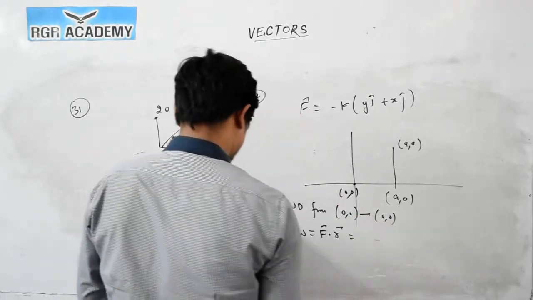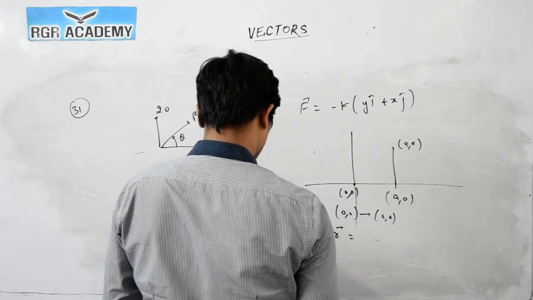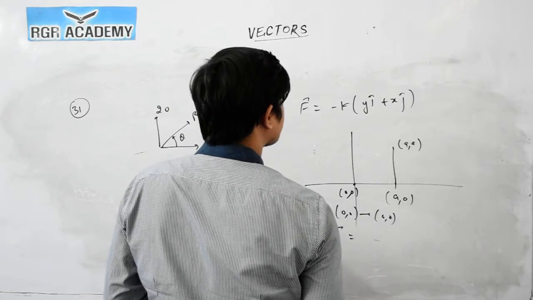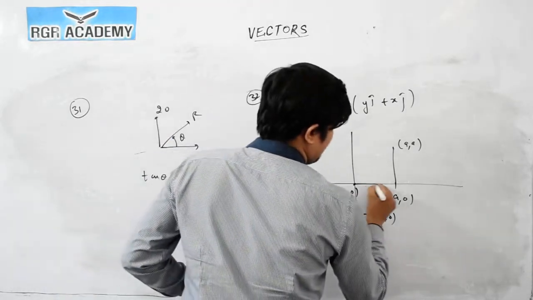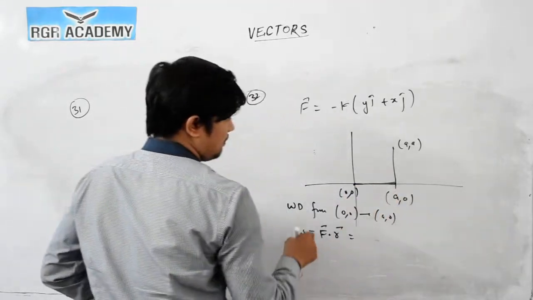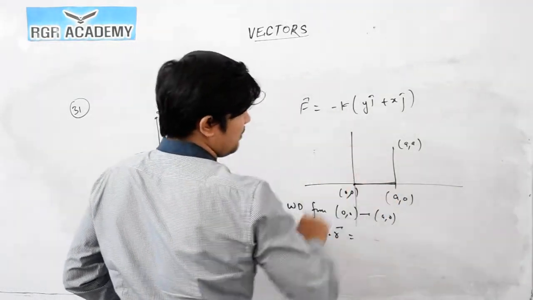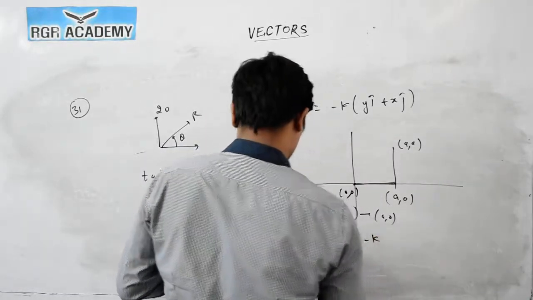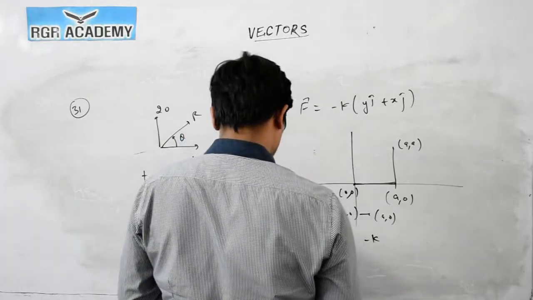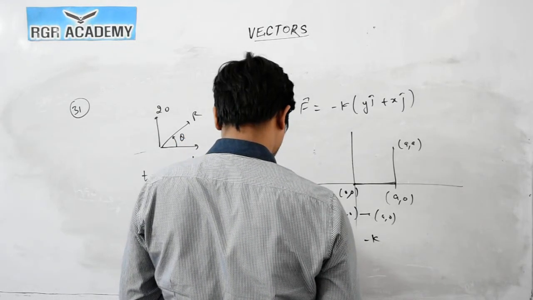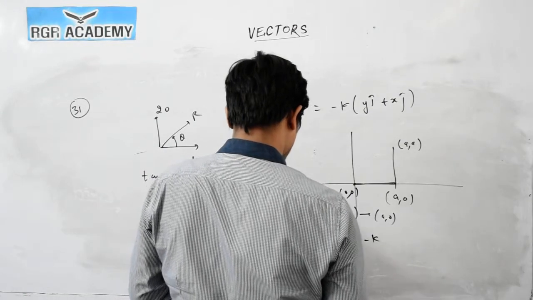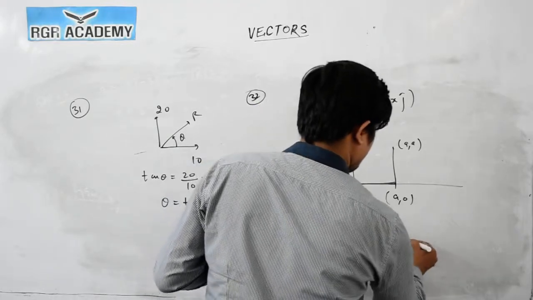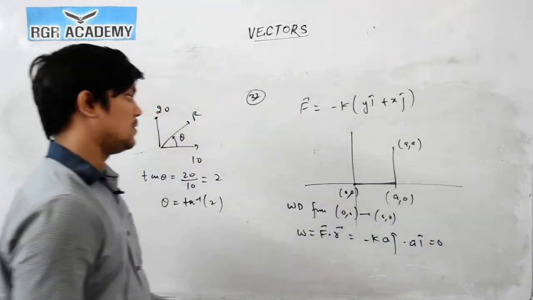Since the particle is moving along the x axis, the value of y will be 0. So the force will be equal to minus k times zero i cap plus a j cap, dot a i cap, that will be equal to 0.